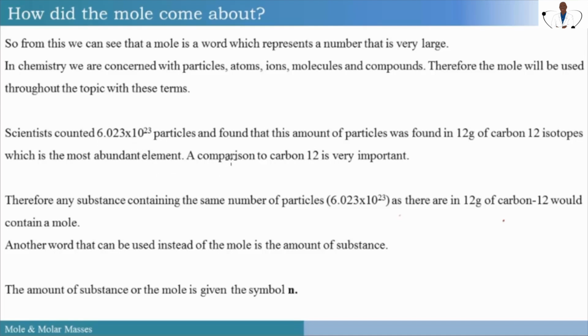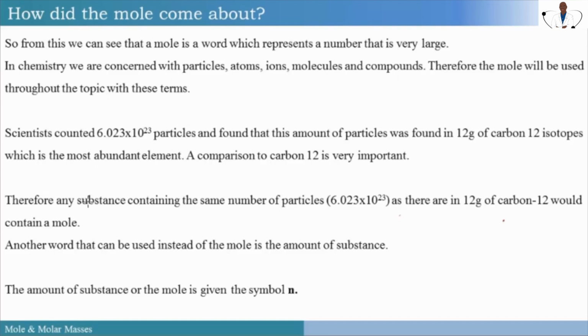Now, a comparison with carbon-12 is very important to make with other elements. So, any element that contains the same number of particles that is in 12 grams of carbon-12 would contain a mole.